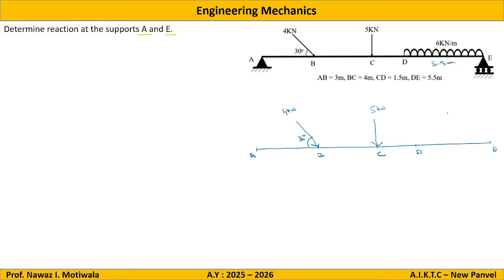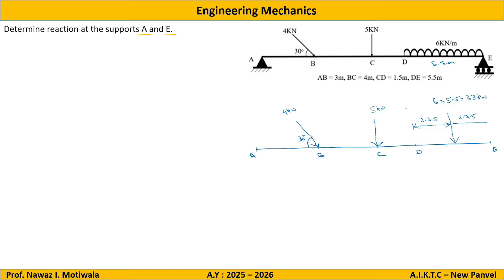So this UDL will be converted into one support reaction, a load of value 6 into 5.5, acting at a distance of 5.5 by 2, that is 2.75, exactly at the center from D and from E. So this force value will be 6 into 5.5, and the total value will be 33 kilonewton.